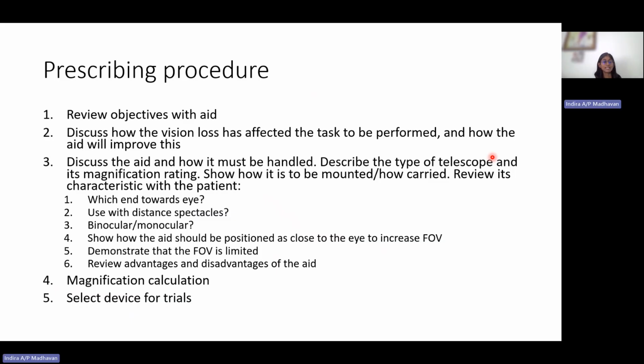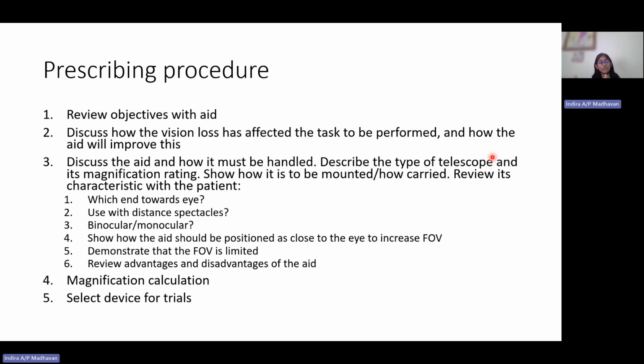Okay, and then discuss the aid and how it must be handled. Talk to them about how it has to be handled, how to hold it. It doesn't matter whether you want to prescribe a binocular telescope or a monocular telescope to the patient, but when we attempt in the clinic, we use a monocular telescope, like how you do it for refraction also.